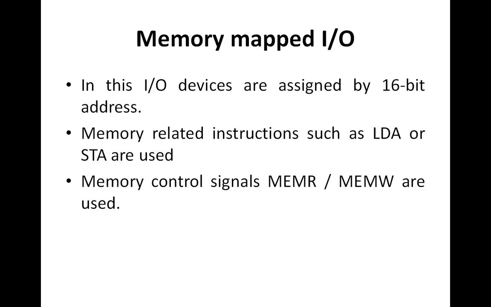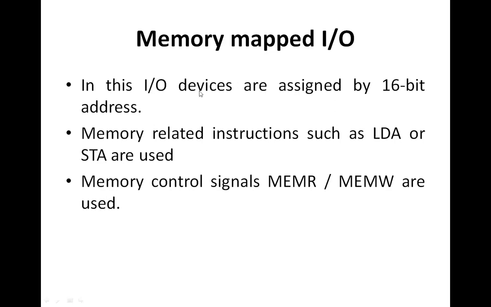But in case of memory mapped input output, in which the peripheral devices are considered to be a type of memory, all the instructions which are used for transferring the data from the microprocessor to the memory will be used for transferring the data from the microprocessor to the input output devices, or receiving the data from the input output devices to the microprocessor.